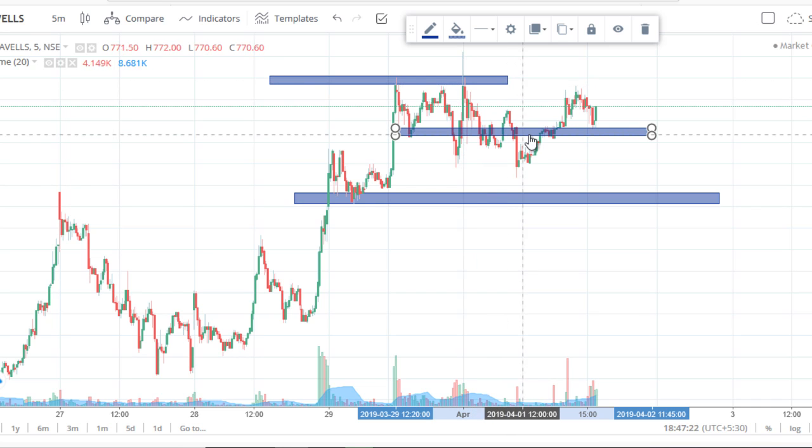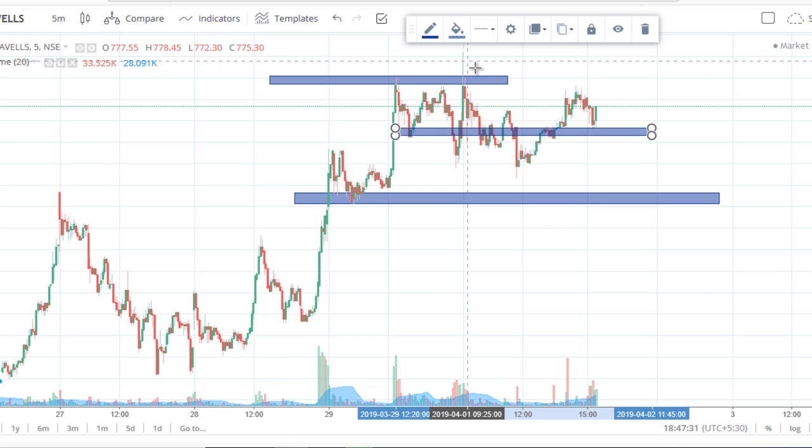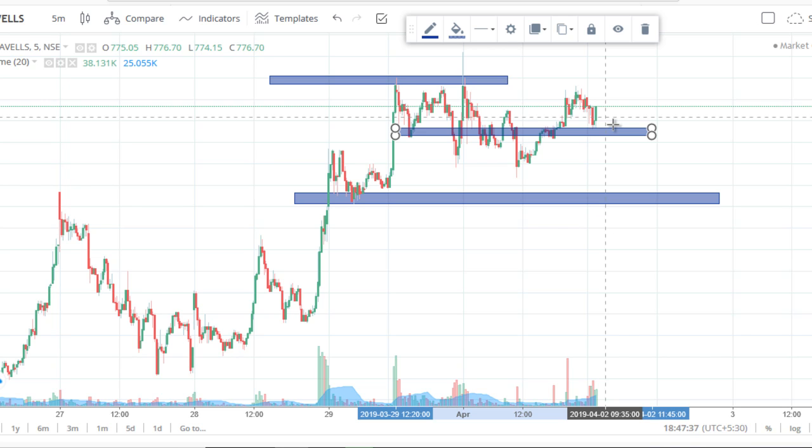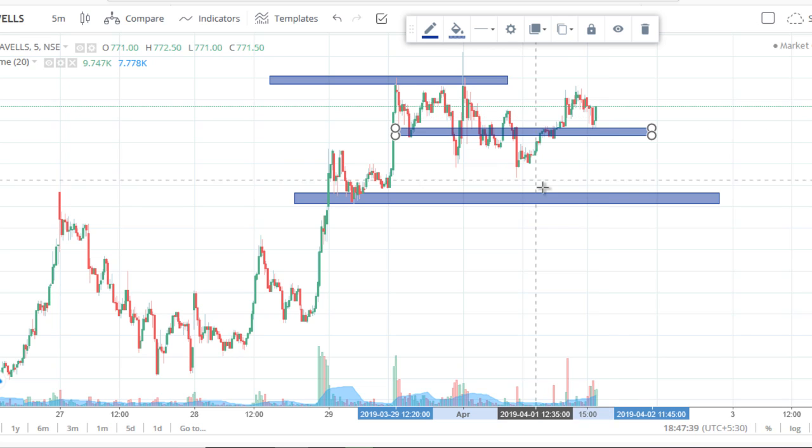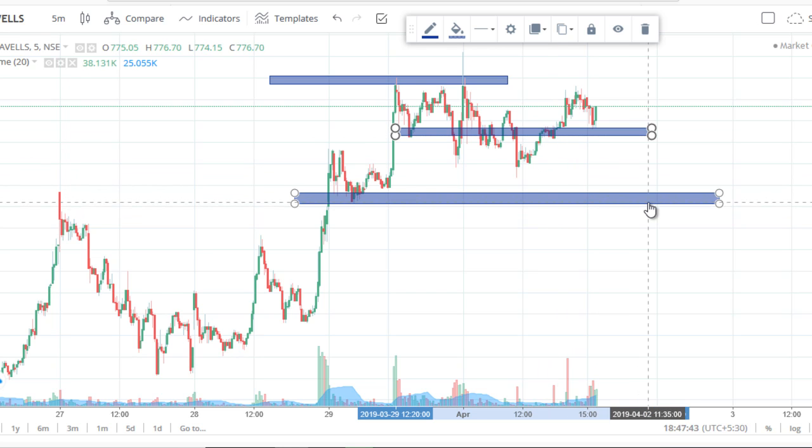If you see, the support level is lying between 773 and 774. So this is the first target, that is 5 rupees. And the stop loss I gave is just 2 rupees. So 1:2 risk to reward ratio. As soon as this support failed, the stock moved towards the second support.